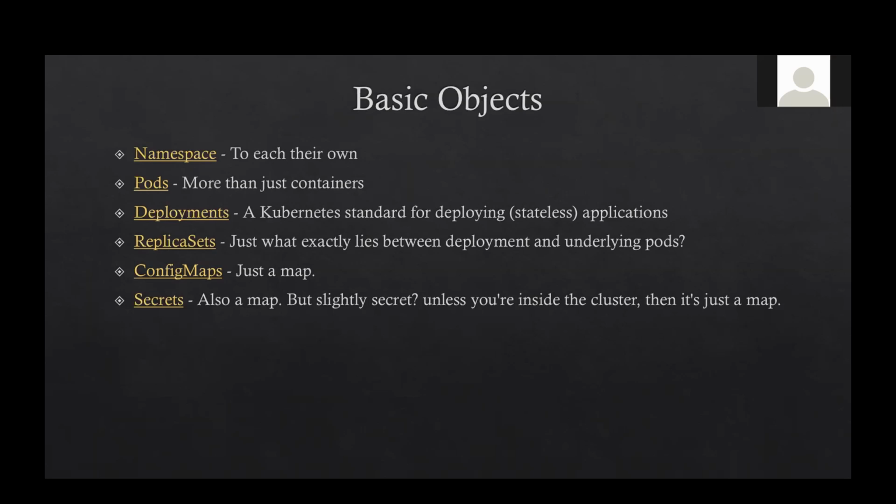A deployment is a controller. What that means is that if one of the pods dies, and we will be using the word pod from here on, no more containers. Pod is one or more containers. So we'll be using pod as a standard because that's the smallest unit of Kubernetes deployment.